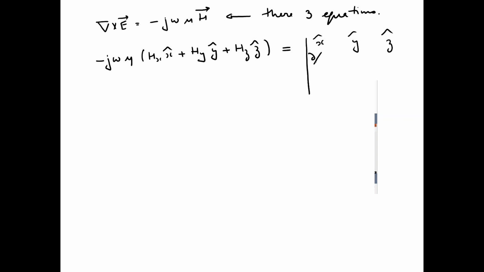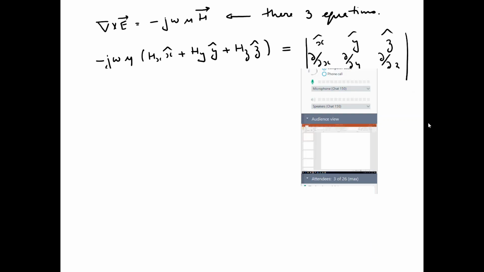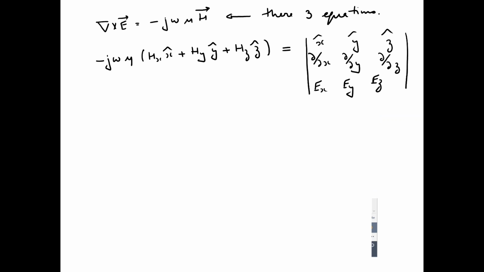We have del by del x, del by del y, del by del z, and Ex, Ey, Ez components. In the general case, all these three components could exist.